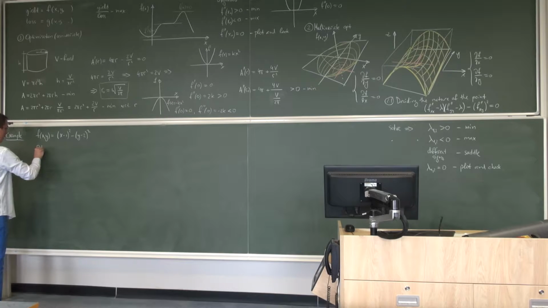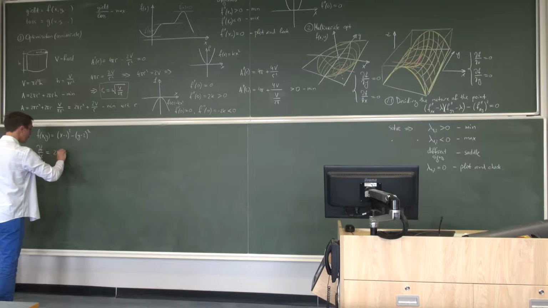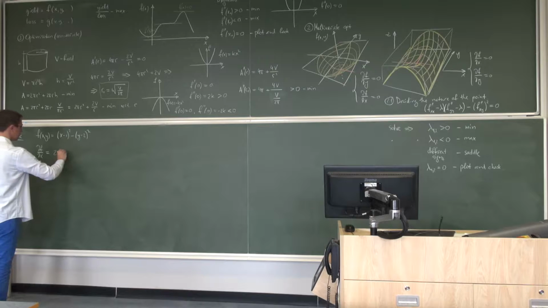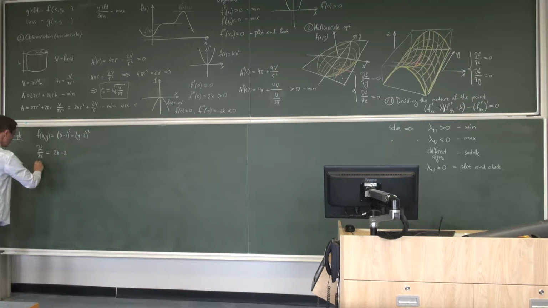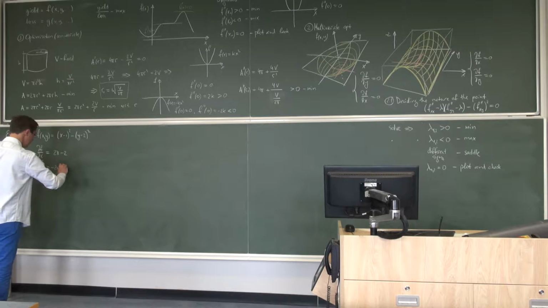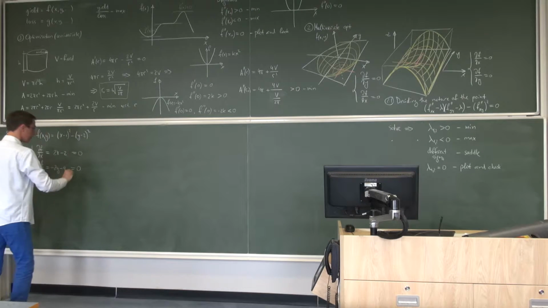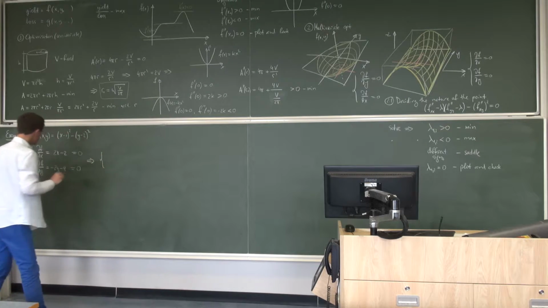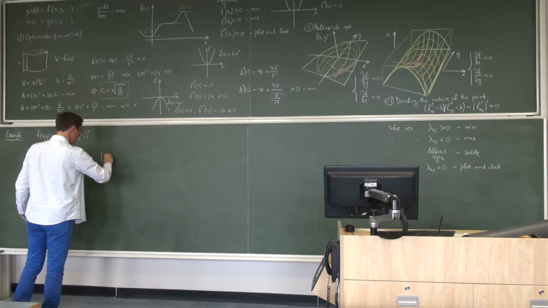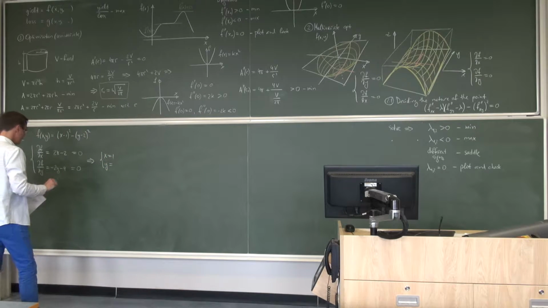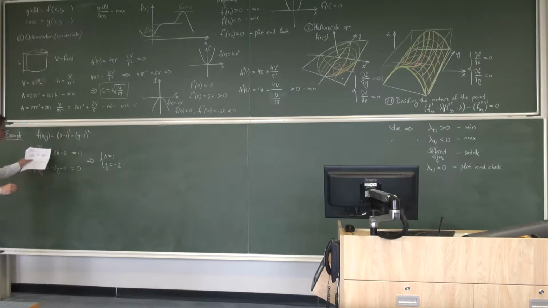So df by dx is 2x minus 2. Then df by dy will be minus 2y minus 4. That must be 0, and that must be 0. And here we conclude that x is equal to 1, y is equal to 2 minus 2.